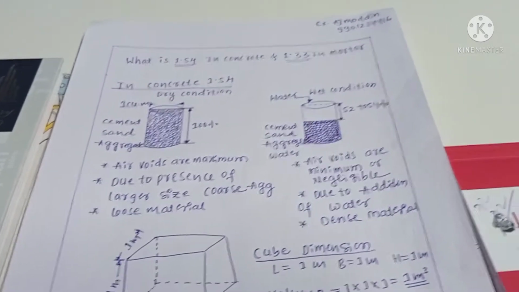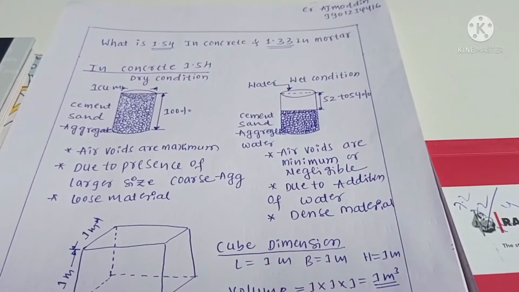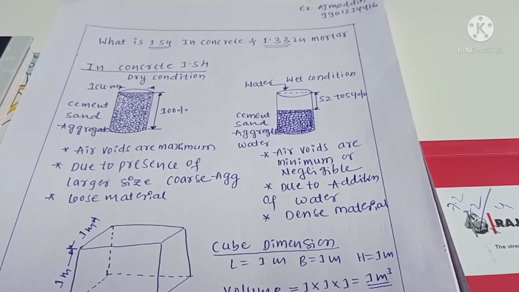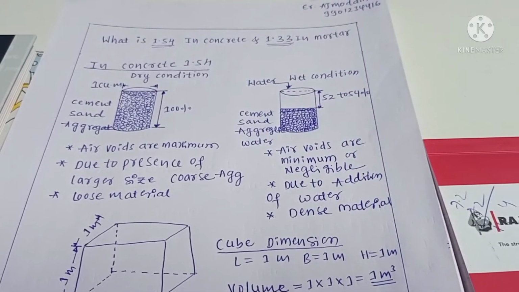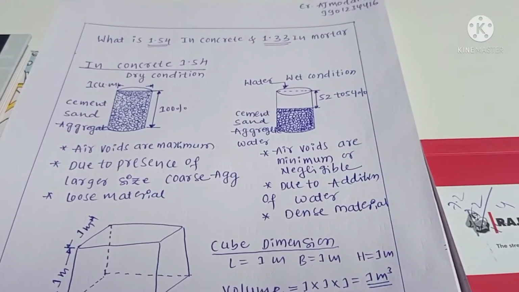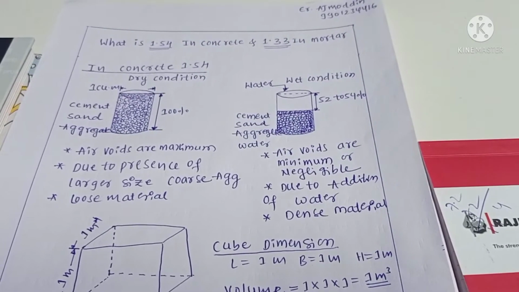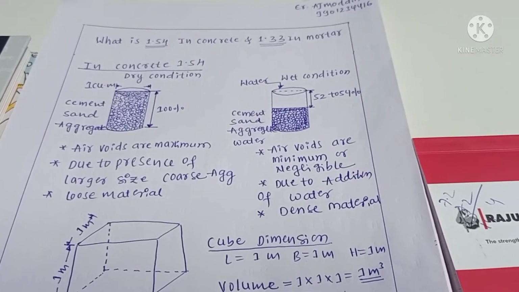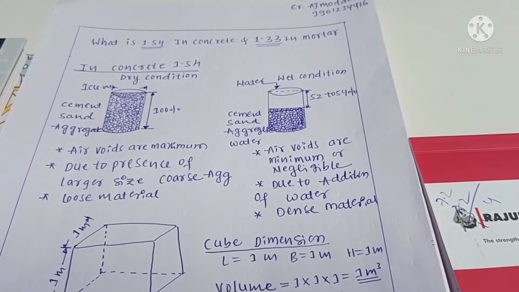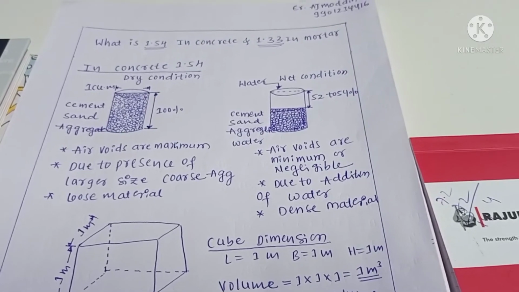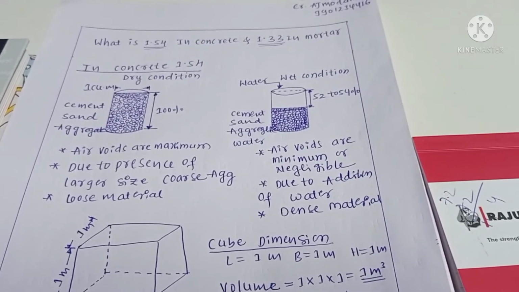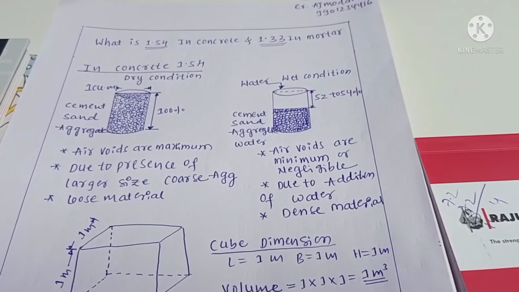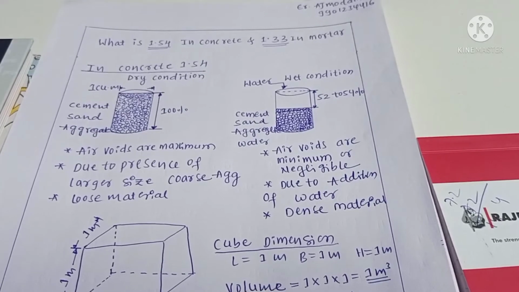Now coming to the wet condition, for the same ingredients, that is cement, sand and aggregate, we have added water here. That's why we call it the wet condition. Due to the presence of water inside the container, the air voids which were present previously in the loose or dry state are now negligible, minimized, because the water we have put inside the beaker fills the micro voids which are present.